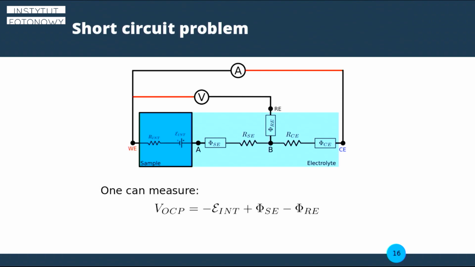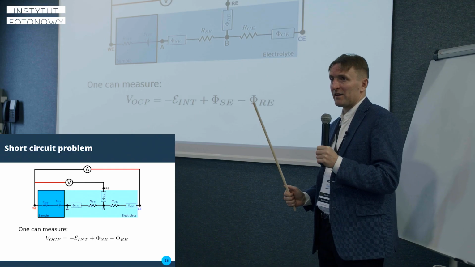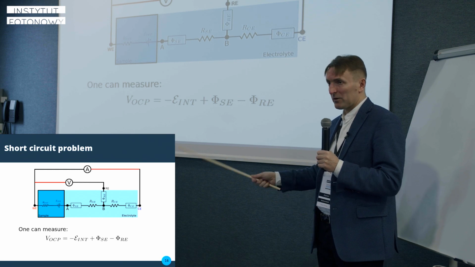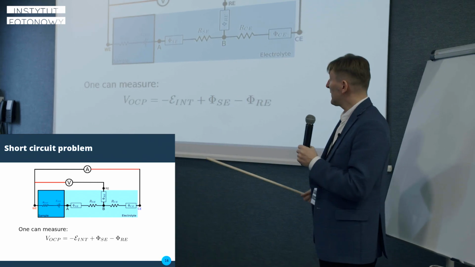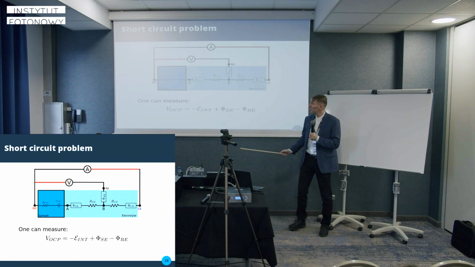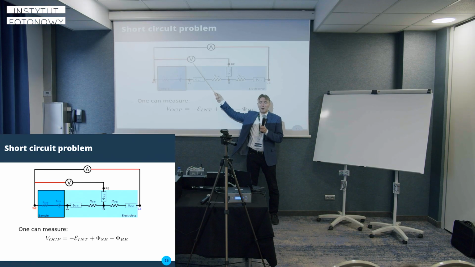Let's now fall back a little bit and turn off our potentiostat function and just measure open circuit potential. In this potentiostat, we can open the circuit, so we can break it somewhere here, and this voltmeter will be used for measuring potential, not just for keeping a certain setting of the potential.